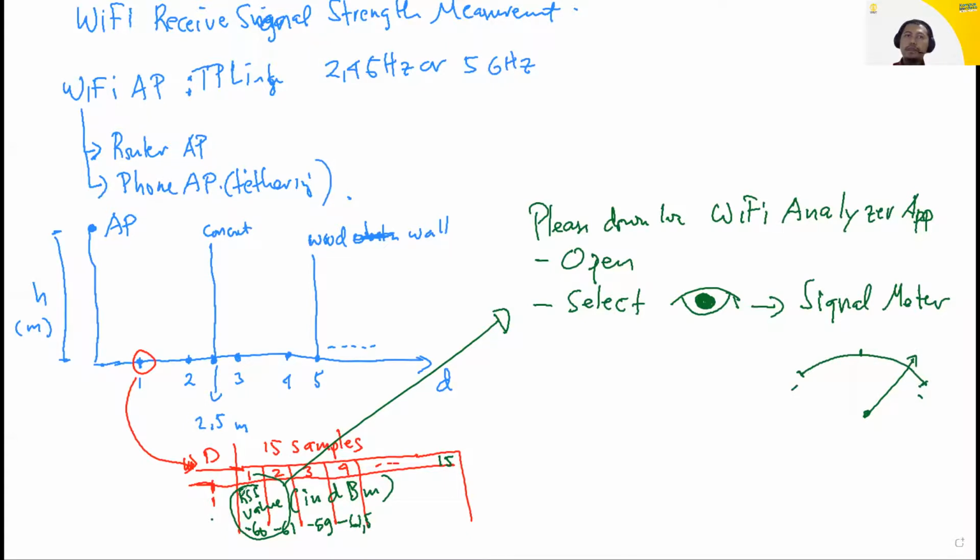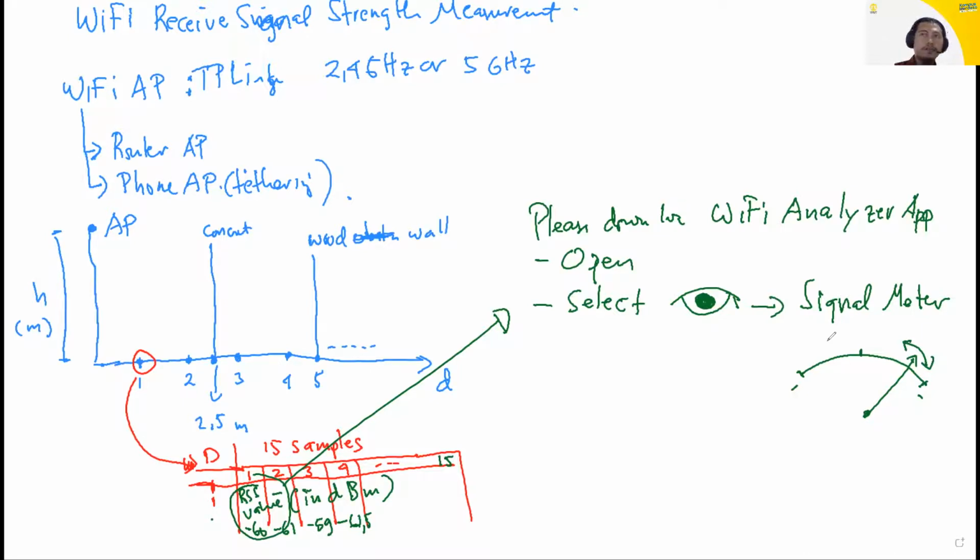Every 2 seconds put it here, every 2 seconds put it here, because this needle, this arrow, will change randomly, even if you don't move anywhere.